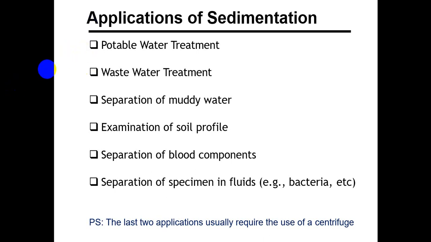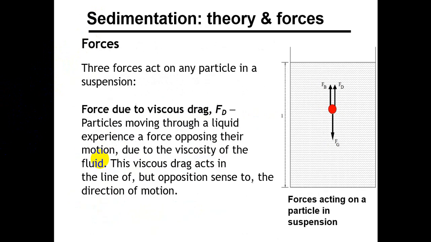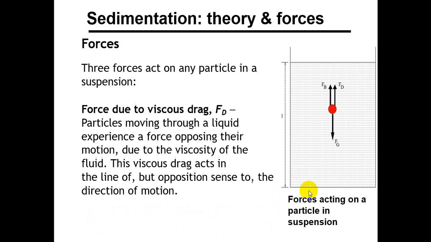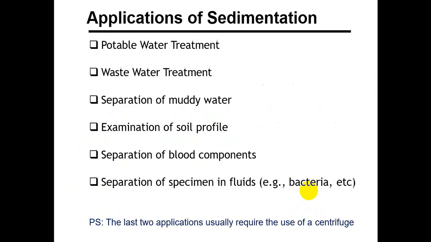Then if you want to separate blood components, like what is in this slide, you see we have the plasma and the packed cells. We use centrifugation to make it faster. So separating blood components is also a means of sedimentation. Then the last one is separation of specimens in fluids, like bacteria and others. If you want to separate them, use sedimentation.